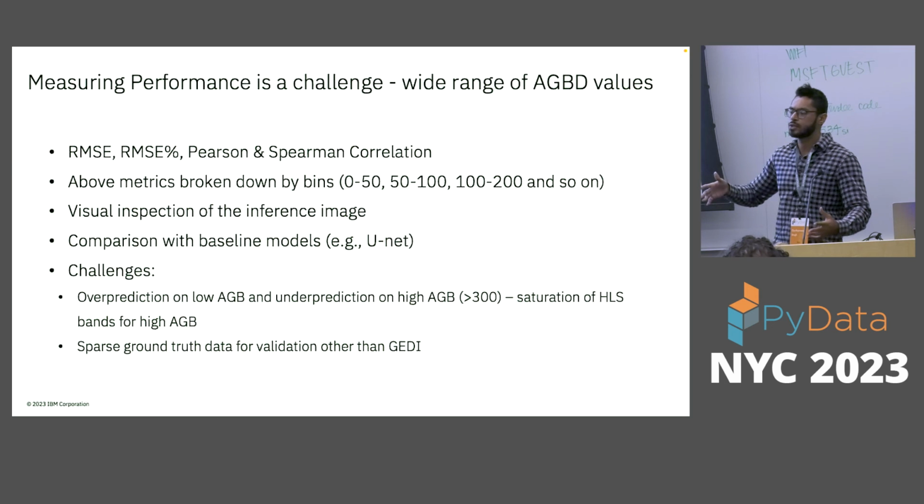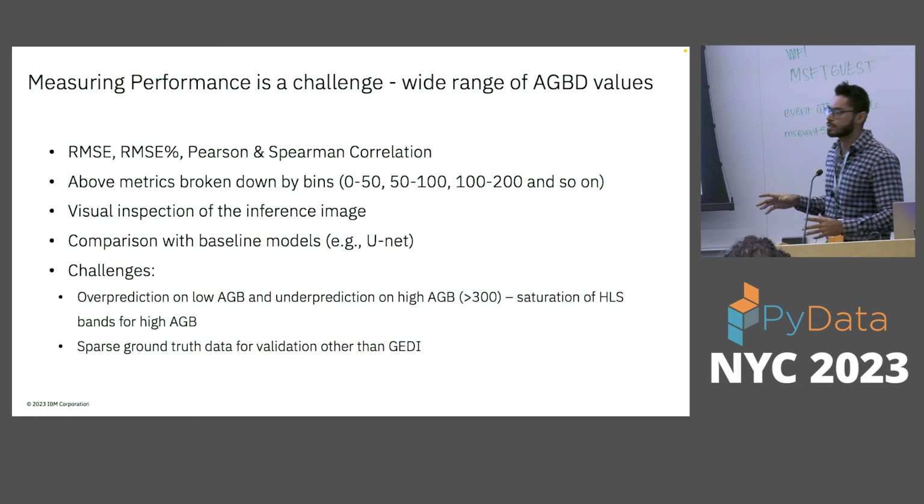So we have, let's say, 0 to 50 biomass, then 50 to 100, 100 to 200, and so on, because different areas in the world have different distributions of biomass as well. So the user might be interested in some particular bins which are more important to get right. So we break down these RMSEs and all these metrics into different bins, and we measure all these bins as well.